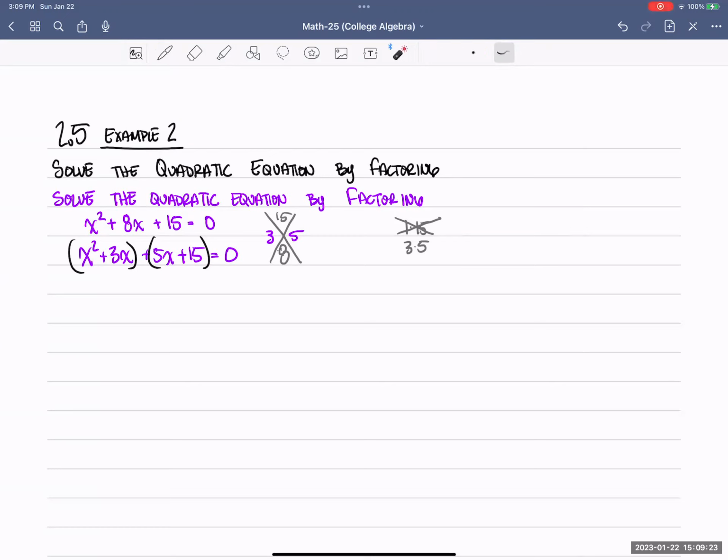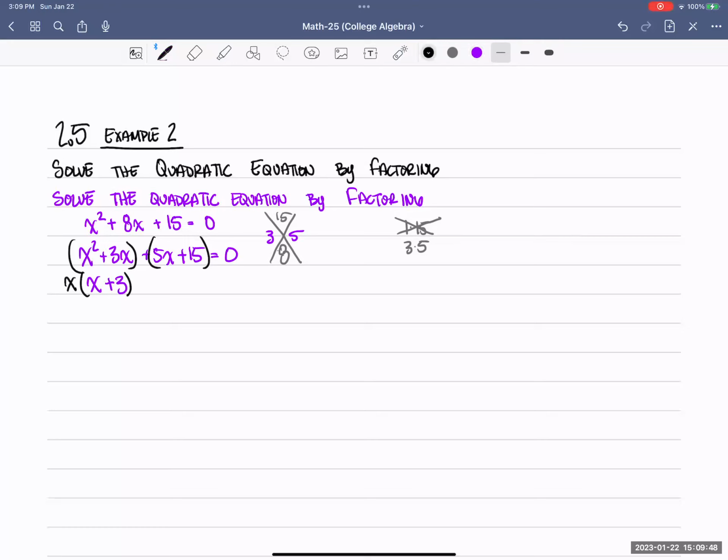With this first group, I see there is no numerical coefficient that we could factor out, so we're going to move on to our variable. It looks like we could factor out at most an x. Then x squared divided by x is going to leave us with x, and 3x divided by x is going to leave us with 3.